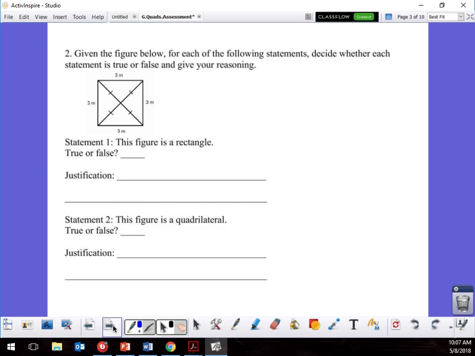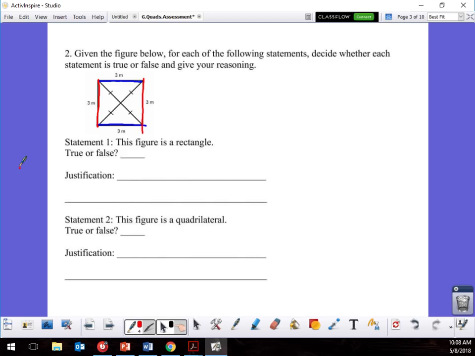Opposite sides are equal. Okay, let's start with the opposite sides are equal. Are opposite sides equal? Here's opposite side. Are those equal? Yes. Okay, so now let's look at the other side. Are those equal? Yes. Okay, so opposite sides are equal. So that fits. Okay, what else has to happen?